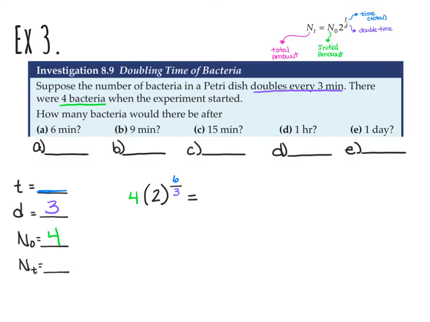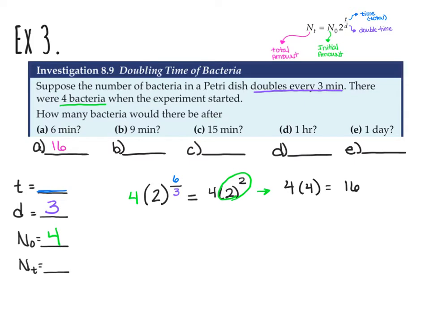I know that 6 divided by 3 gives me 4 times 2 to the 2nd power. And when I square 2, that is going to give me 4 times 4, because 2 squared is 4, and that would equal 16. So my total for A would be 16 bacteria.